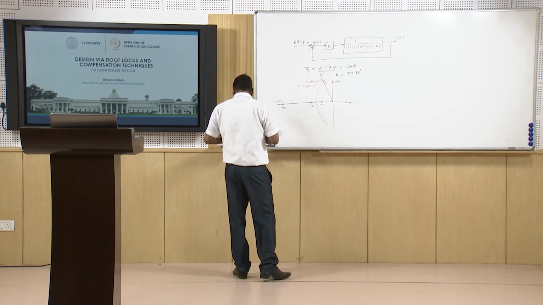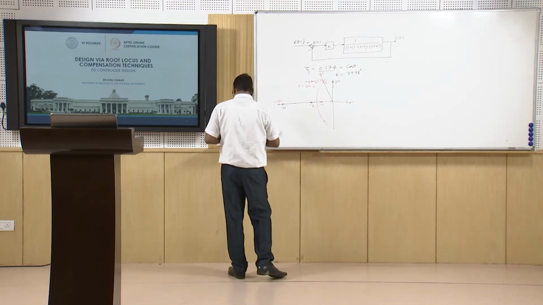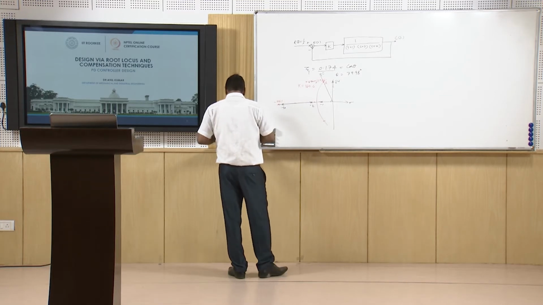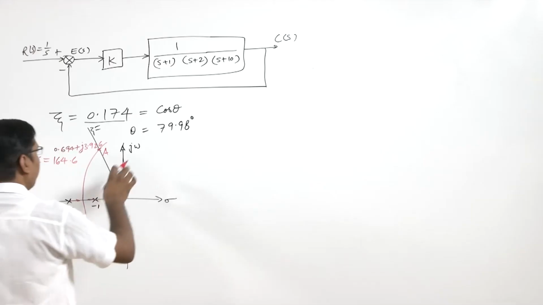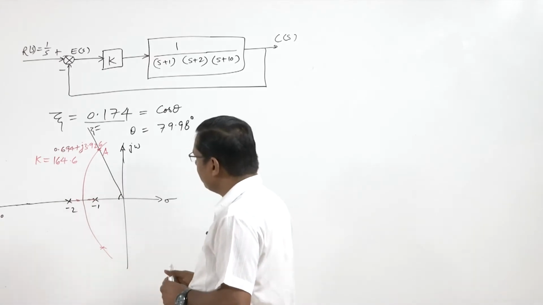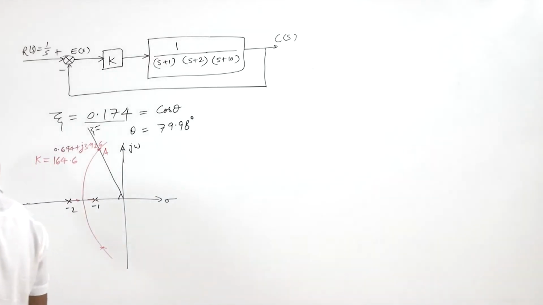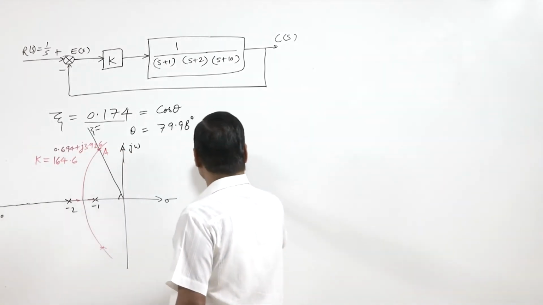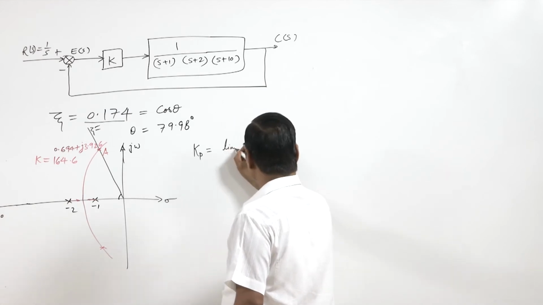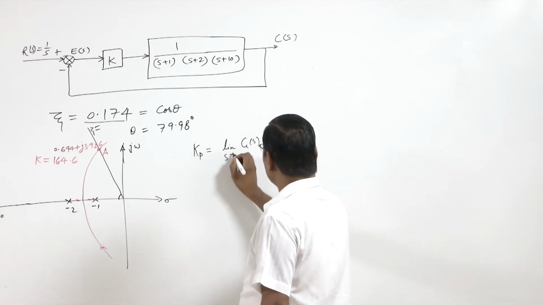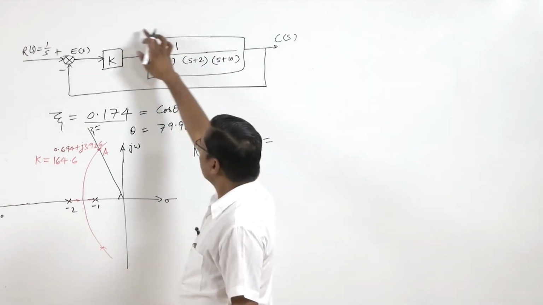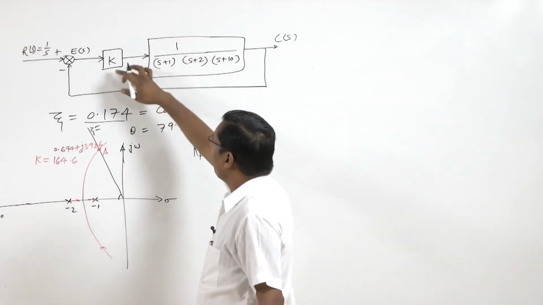Now we want to know the steady state error at this point. We first calculate Kp equal to limit of G(s) as s tends to 0, where G(s) is this complete system.